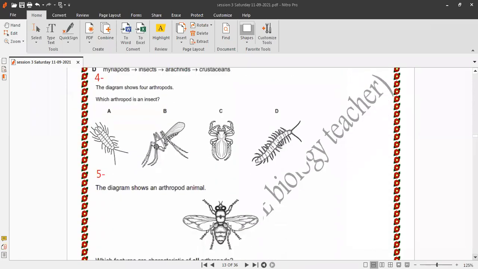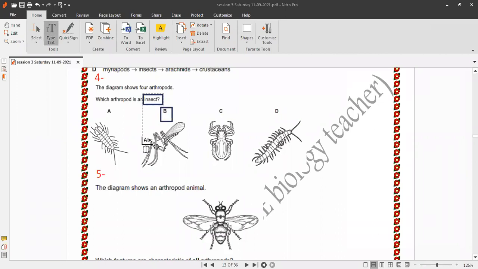Answer number 4. The diagram shows 4 arthropods. Which arthropod is an insect? Focus, focus, focus. I think it's the mosquito. B or C? B, because it has 6 legs. Why B? Excellent.